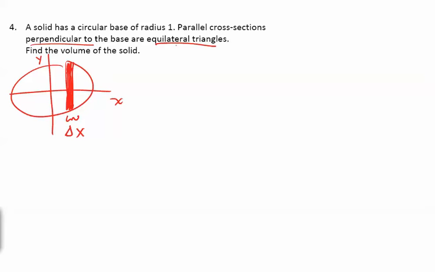What's going to be important here is to know the distance across again. So think of our circle. The equation of this circle is x squared plus y squared equals 1.